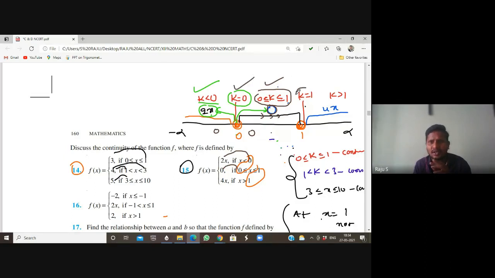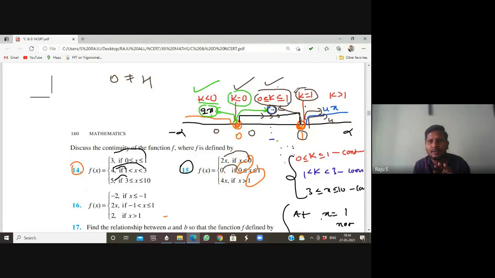Next, I am going to check at k is equal to 1. Again here we have two values: left side is 0, right side is 4x. Left hand continuity at 1 is 0, no need to substitute. What is right hand continuity? 4 into 1, 4. But left hand continuity is 0 and right hand continuity at 1 is 4, so 0 is not equal to 4.